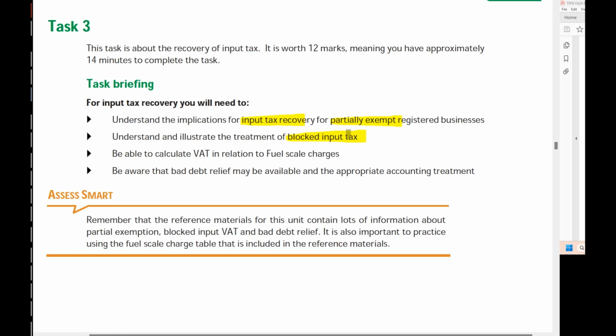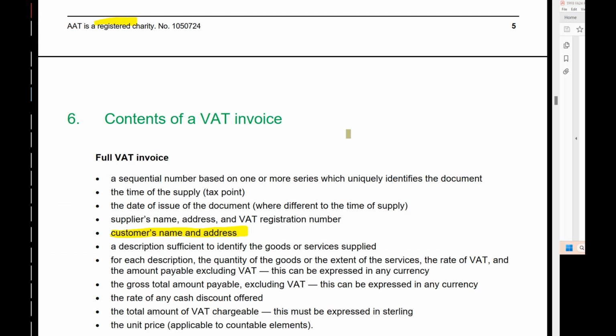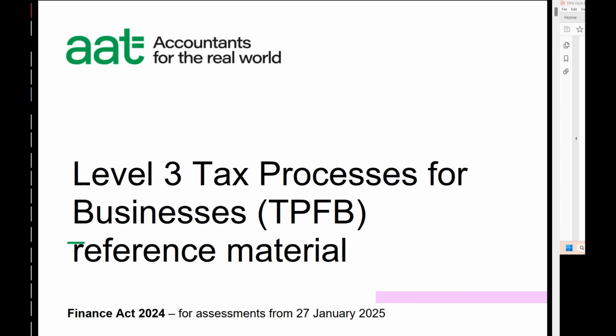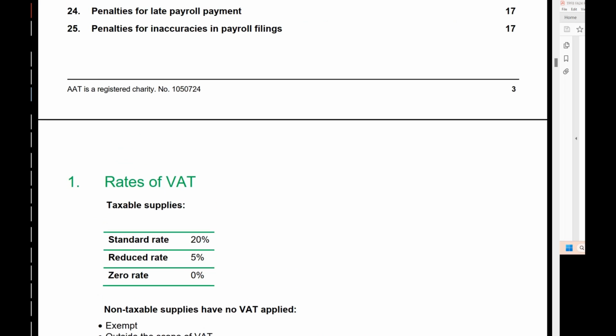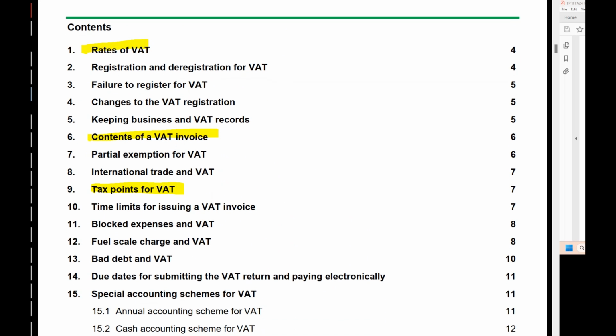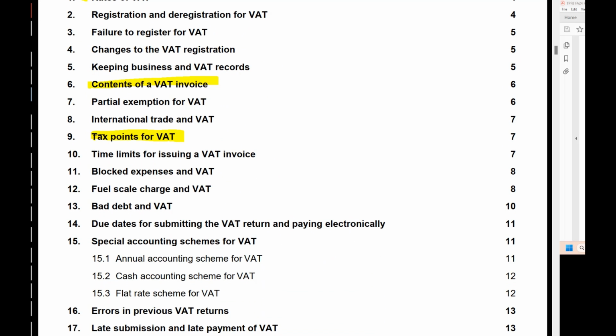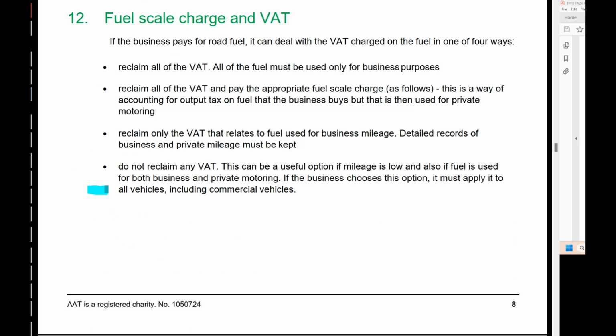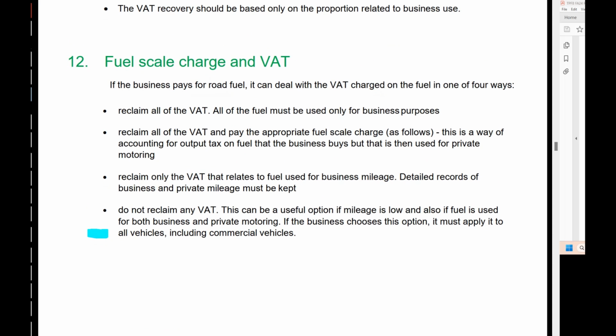The reference material, as always, is very helpful, so I always suggest that you make a point of orientating yourself to this. It starts off with a nice little index, and within there, as we get to this task, you can see we've got a fuel scale charge.